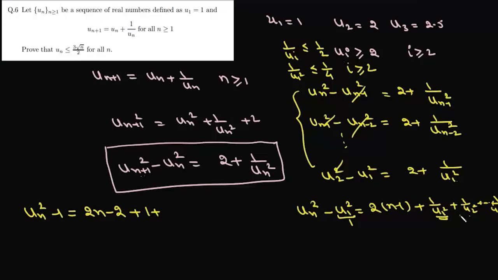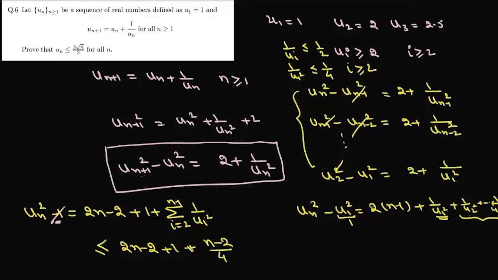So for all these terms from 2 to n minus 1, we can write the summation, i varies from 2 to n minus 1, 1 upon ui square, it will be less than or equal to, now this is 2n minus 2 plus 1 and plus, now this is 1 by 4, 1 by 4, 1 by 4, n minus 2 times. So it will be n minus 2 by 4. So we'll take this 1 on the right hand side.